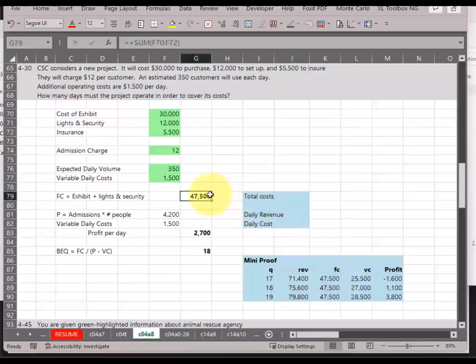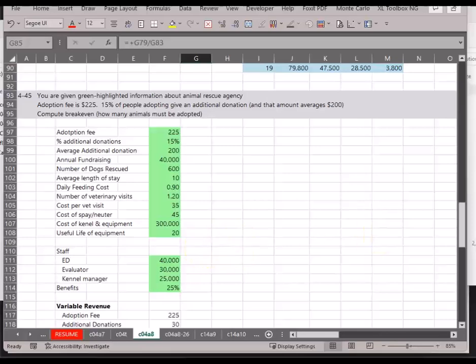Your fixed cost is always fixed at that level we were given, and your variable cost goes up at how much? Right there, 1,500 per day. So you do the math going across, revenue less fixed, less variable. You can see at 17 days we're still losing money, but at 18 days we turn around and we start making money, just like the formula told us.